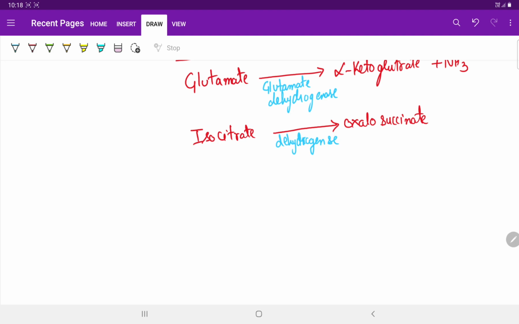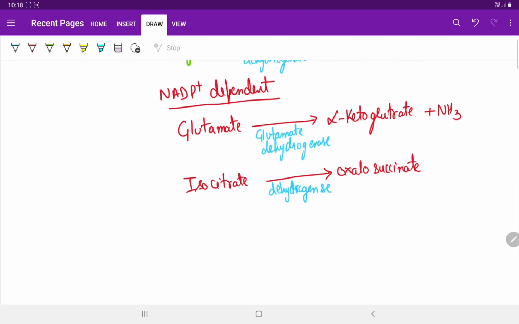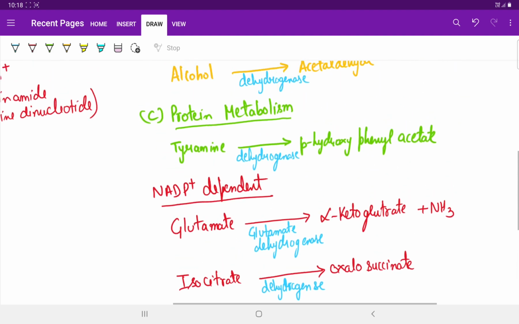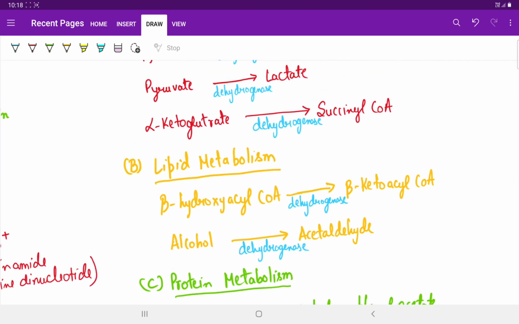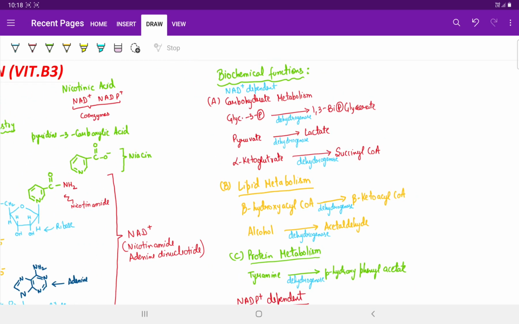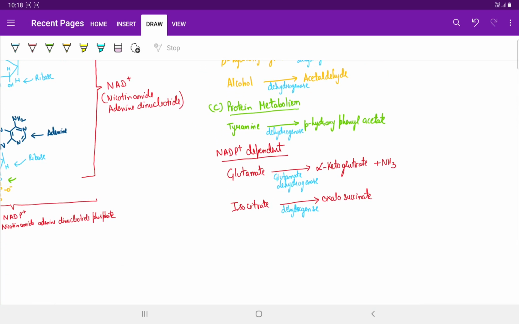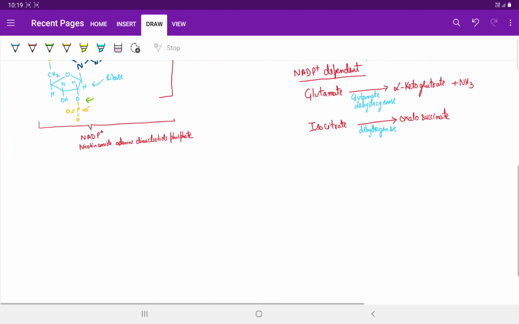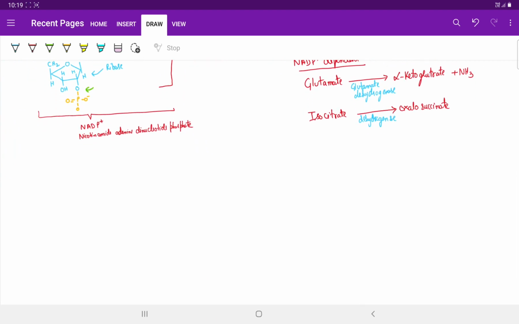So these are the reactions which are NADP dependent. So I hope we have covered around 6 to 7 reactions. So NAD dependent are mentioned here, you can clearly see, and the NADP dependent are here. So another thing that is important in niacin is its recommended dietary intake.